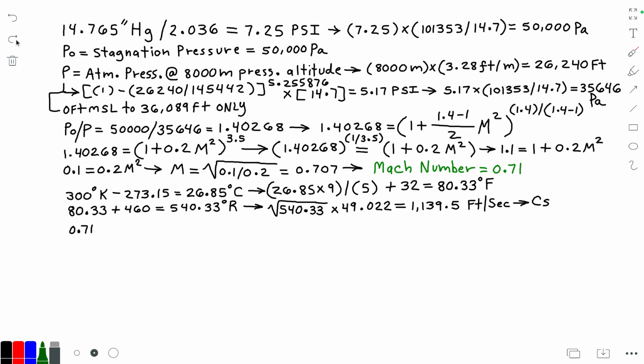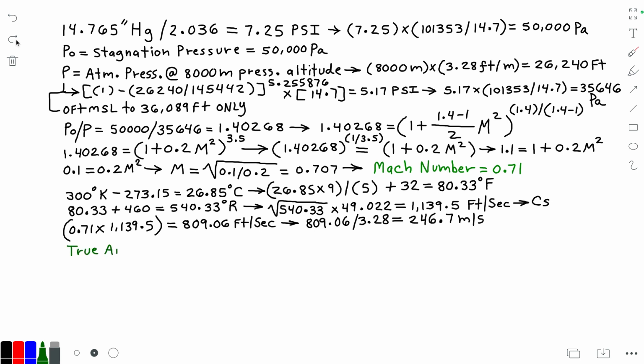We add that to 460. This then computes the Rankine absolute air temperature of 540.33 Rankines. Then we find its square root times 49.022 to compute the speed of sound at 80.33 degrees Fahrenheit of 1139.5 feet per second.